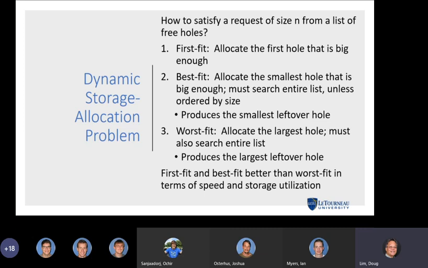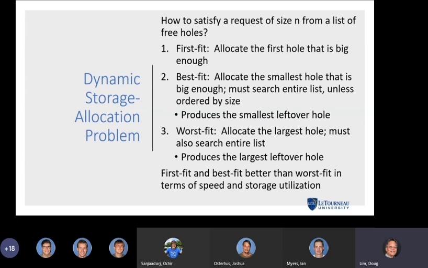And then we actually have a worst fit algorithm, which seems contrary, why would you pick the worst one? But in this case, we allocate the largest hole. We pick the largest one, and no matter what the process's memory needs are, we pick the largest hole, no matter how much we need, which is the worst fit.